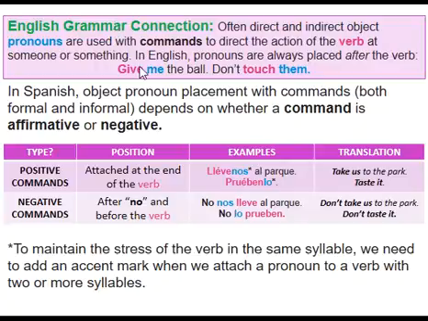What is different? The difference is that in English, pronouns are always placed after the verb. Give me the ball. Don't touch them, right? No difference whether the command is positive or negative.